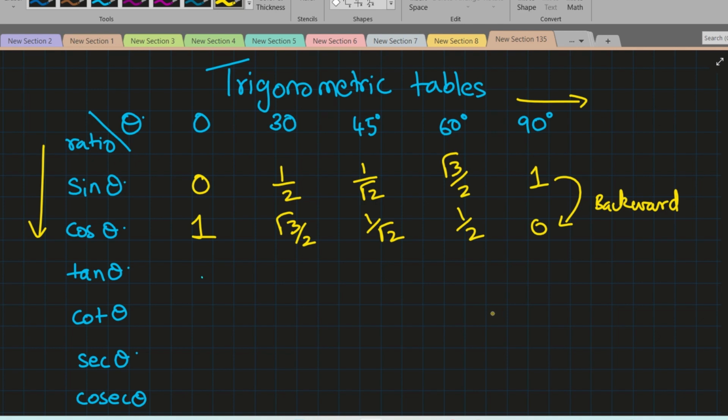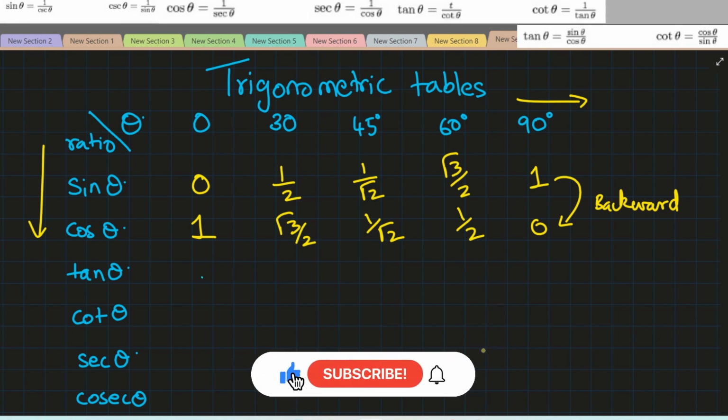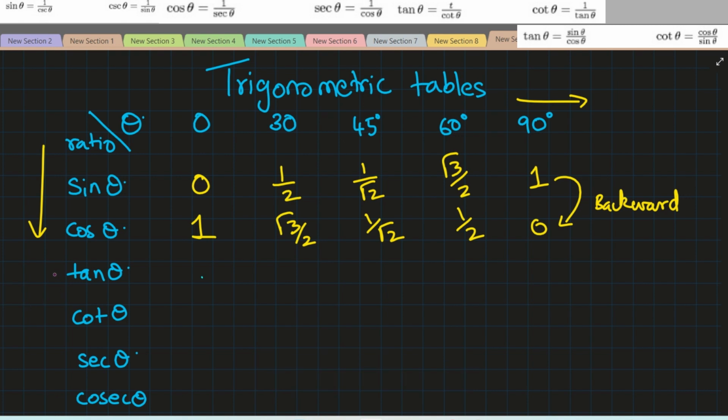Now, to know the value of tan theta, we have trigonometric ratios which have interrelationships between different functions. So for tan theta, let me take another pen. Tan theta is sine theta upon cos theta. Over here, you can also remember the value of tan theta as the numerator of sine and numerator of cos.